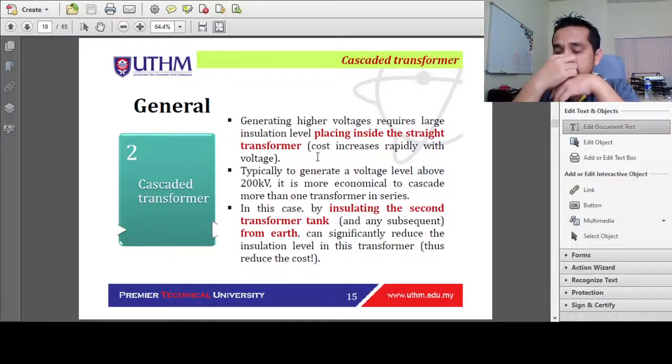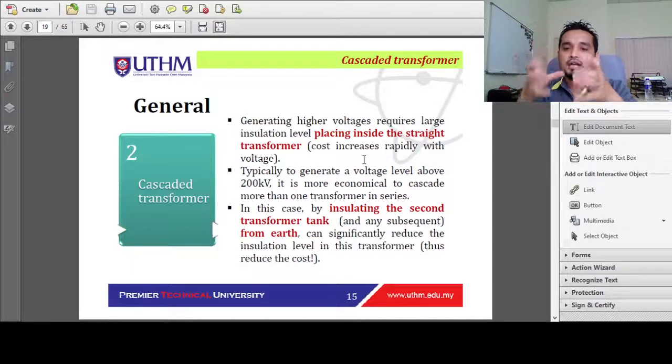One reason is that instead of having one unit that can establish 300 kV, we have 3 small units to generate the 300 kV.